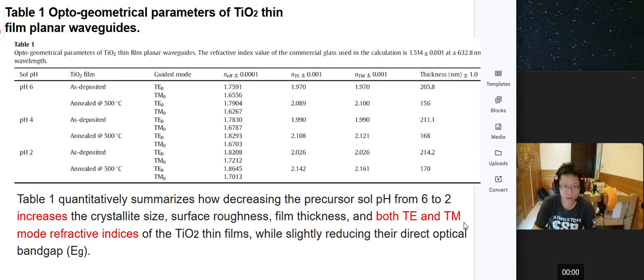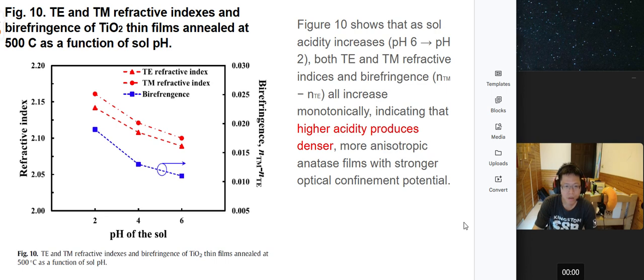We can also look at the tables from the numbers. The refractive index of the TiO2 thin film increases while the direct optical band gap slightly reduces. It also shows that higher acidities produce a denser and more anisotropic anatase film with stronger optical confinement potential when the sol acidity increases.